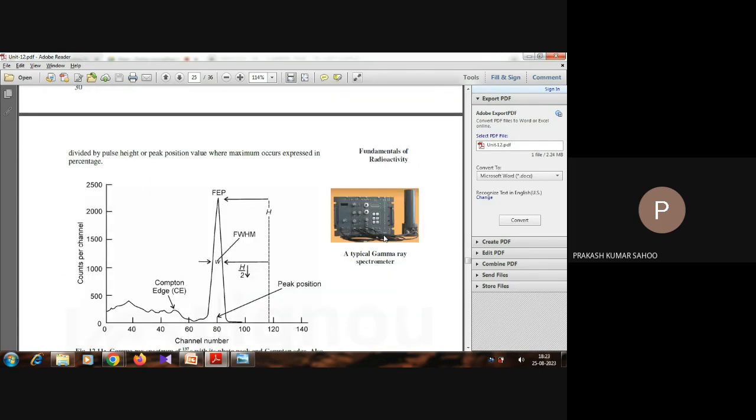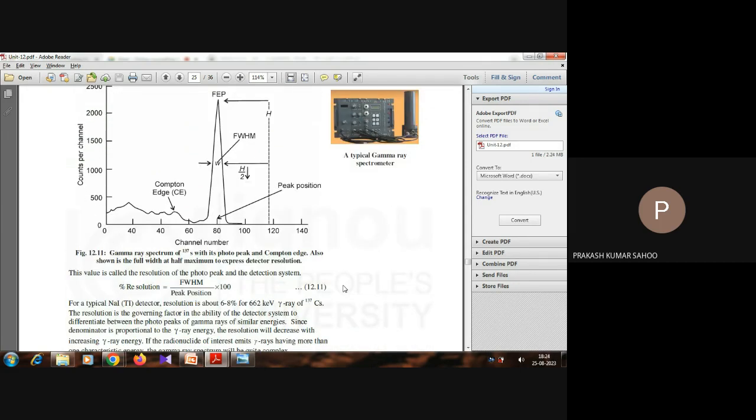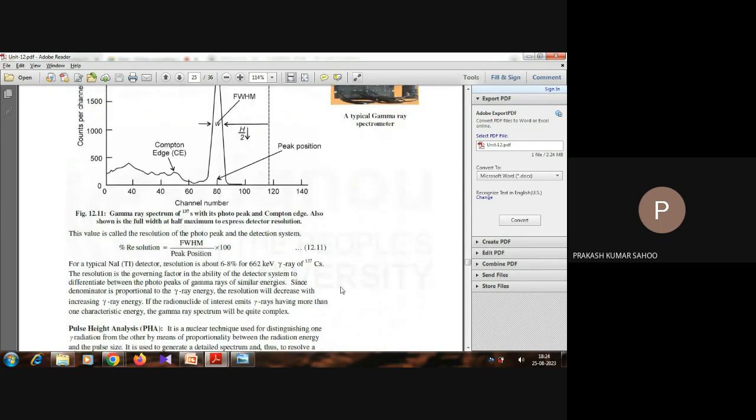And this is a typical gamma ray spectrometer, which can detect the gamma ray emission from the radioactive nuclei.